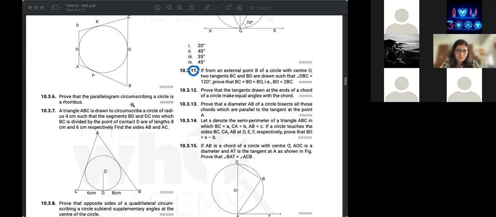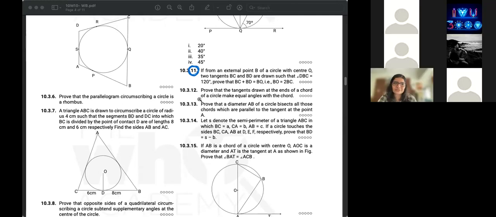Puneet, I just saw 10.3.6 that you sent. So that's what I'm saying. You can't just say from 1 to 3. Where are 2 and 3? You need to show, from that step, how did you come to AB equal to BC equal to AC equal to CD? Okay, ma'am.